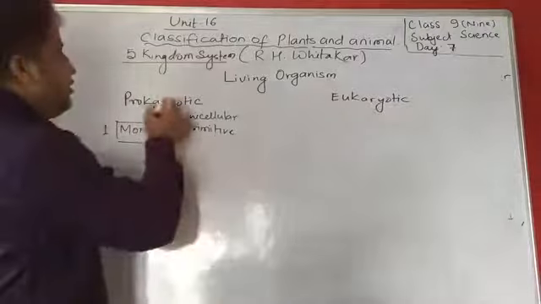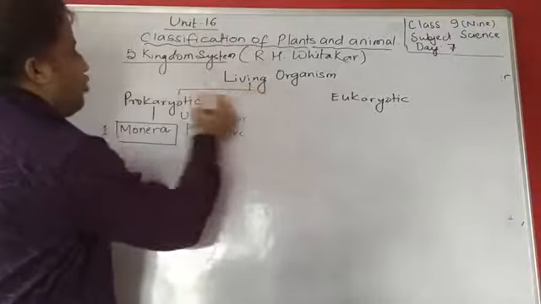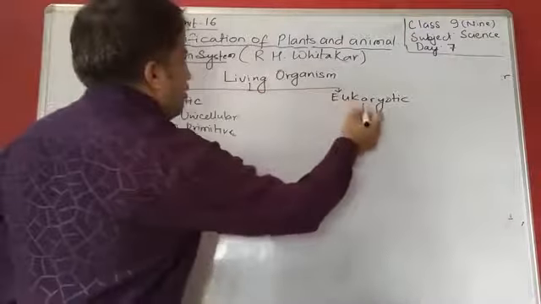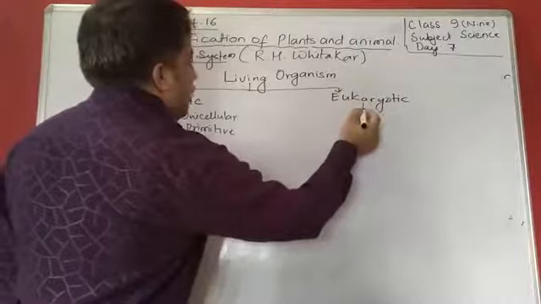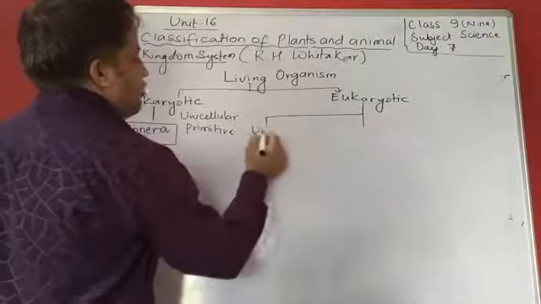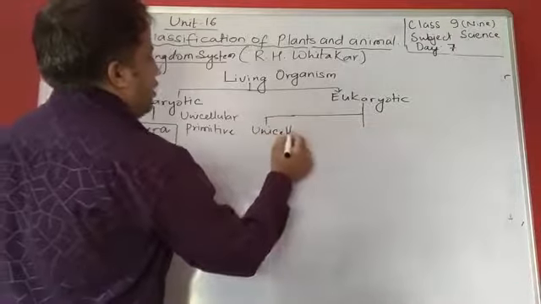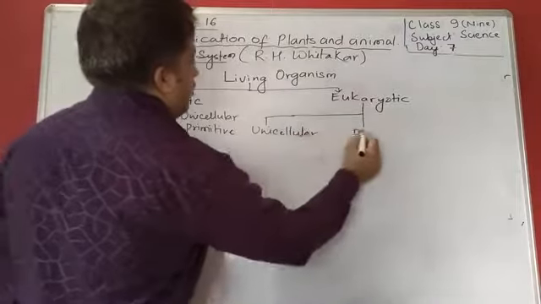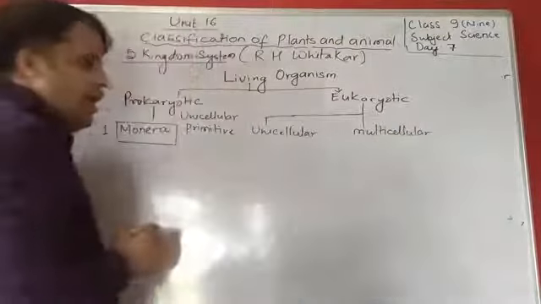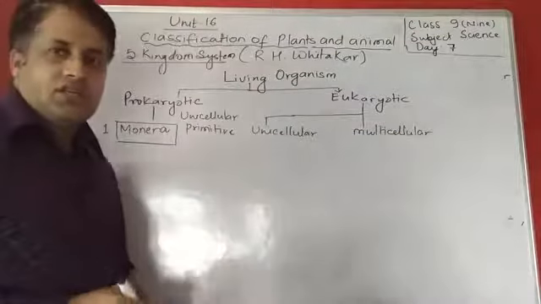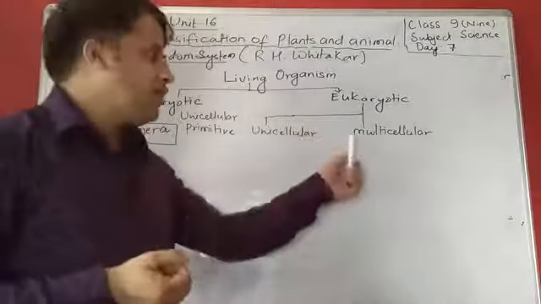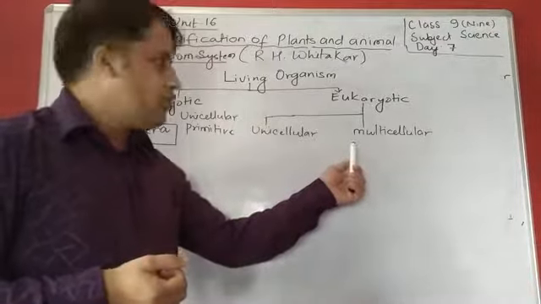Okay, and this is another category, that the eukaryotic were of two types. Okay, he has classified on the basis of whether they are unicellular or multicellular. You know what is unicellular? An organism having only a single cell, whereas the organisms having many cells are placed in multicellular organisms.